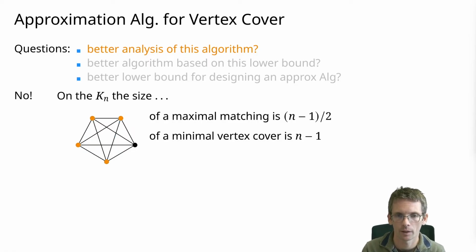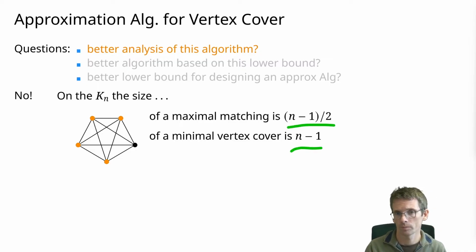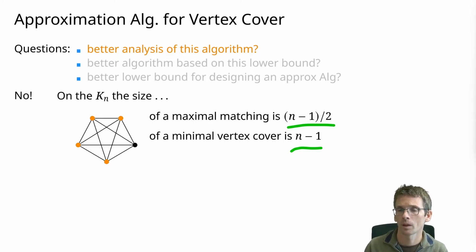Why is that the case? Assume you had a vertex cover of size n minus 2, then there are at least 2 vertices not included, but there's an edge between those 2 vertices, and that's not covered. But now you see there's a gap of a factor of 2 between those. And what that means is that this lower bound on the number of matchings will not help us to get anything better than a factor of 2.